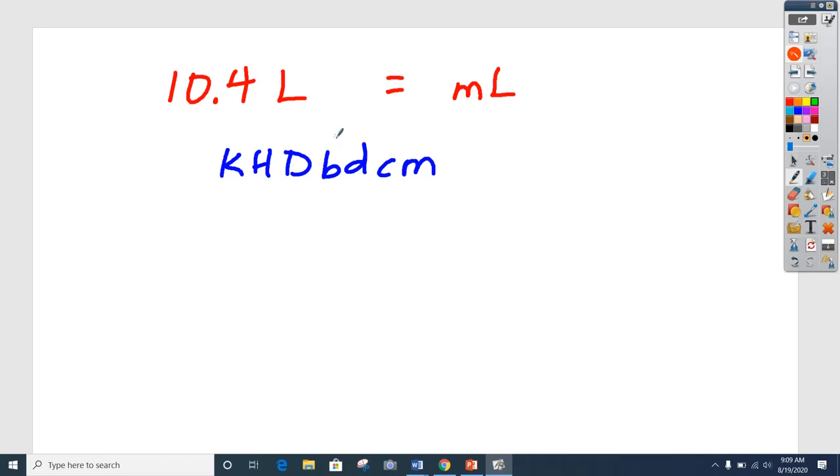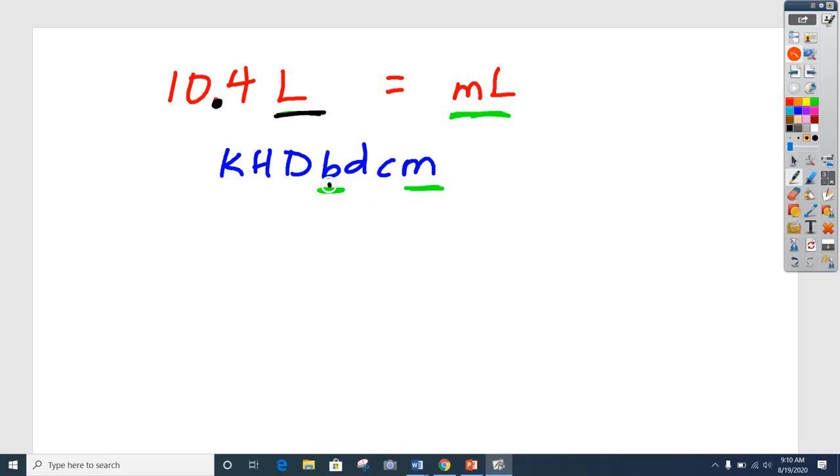I'm focusing on the units given in the problem. Liter is part of my base. Remember, your base is gram, liter, and meter. Then milli, from milliliters. I'm going to focus on where the decimal is, starting with my pen or finger on the unit that goes with the number.